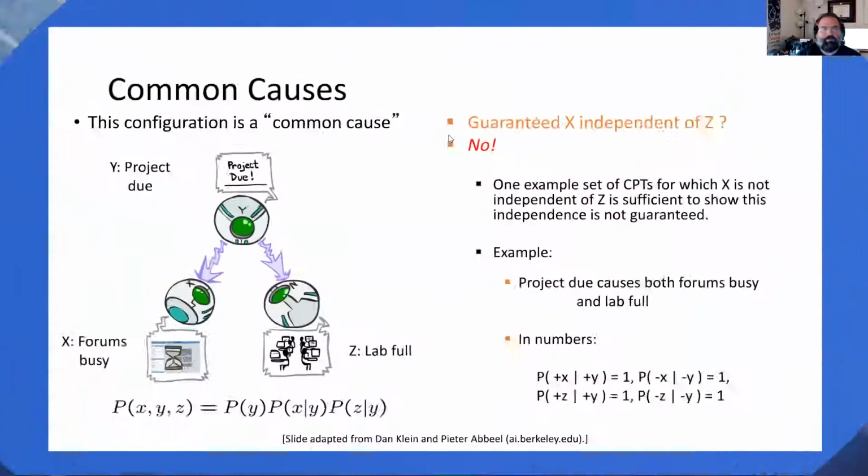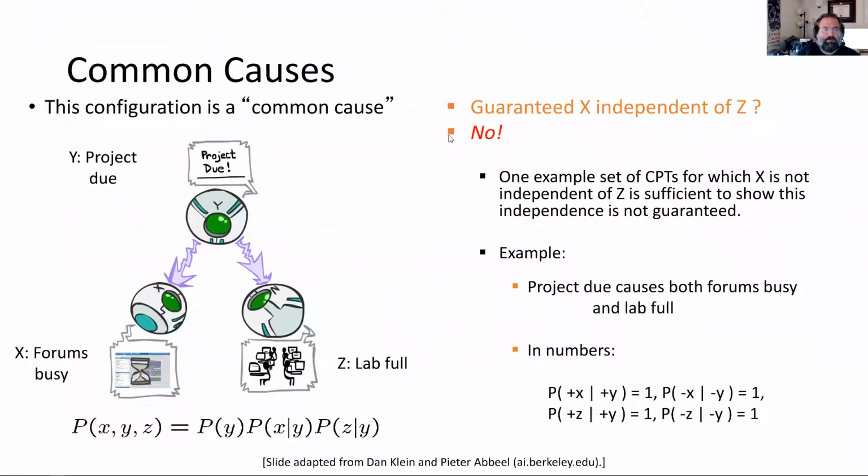So moving on to common cause, sometimes one thing might cause something else to occur. So this is the example of back when people actually went to labs in a school to do their work for an assignment. The lab would be full. Most likely there could be a project due. And also, if there is a place where people discuss their schoolwork, it might also be busy.